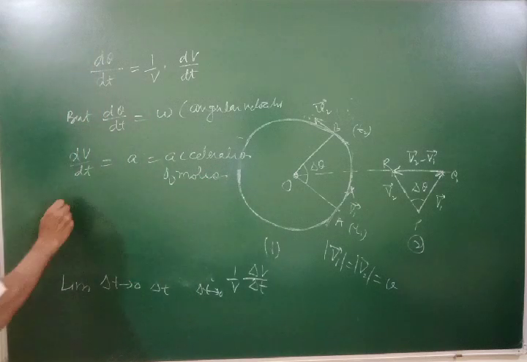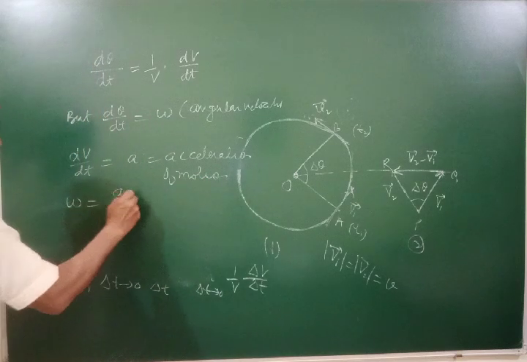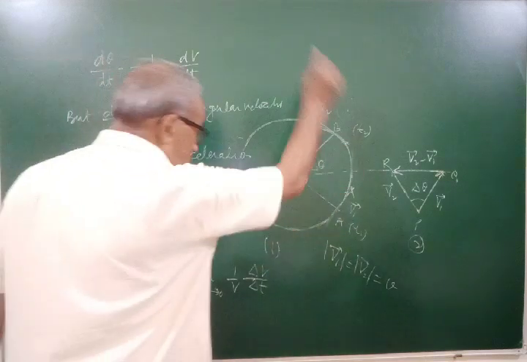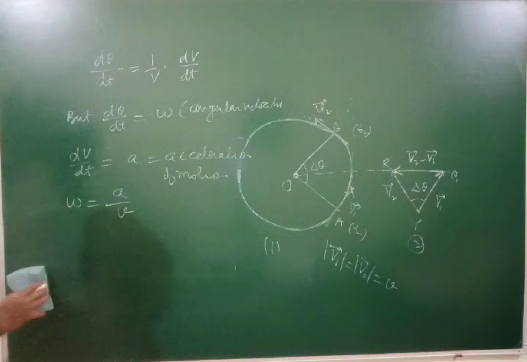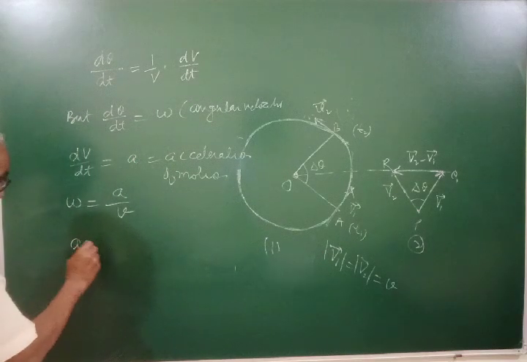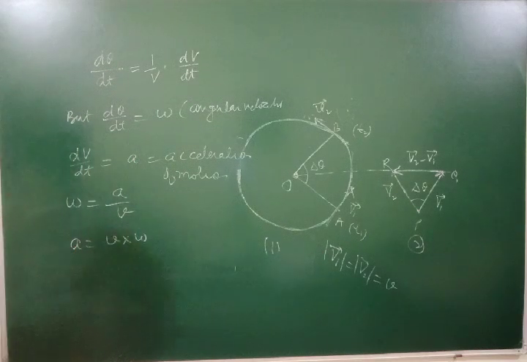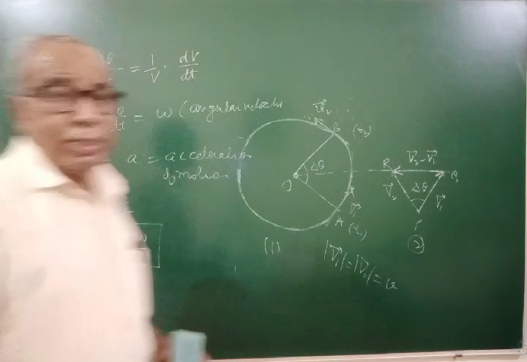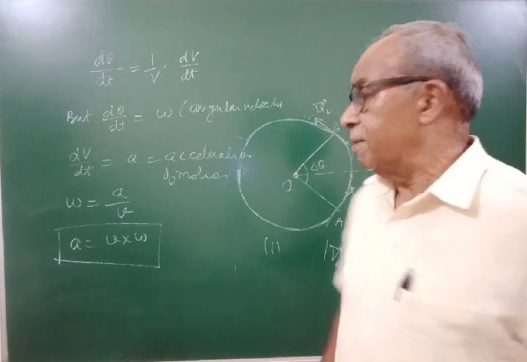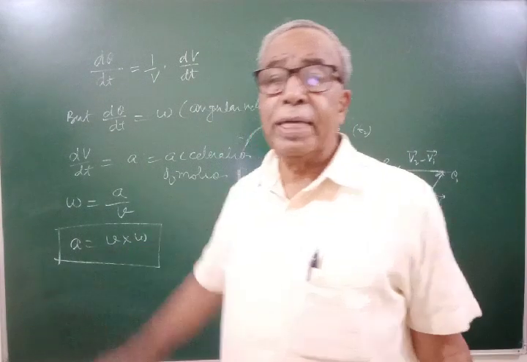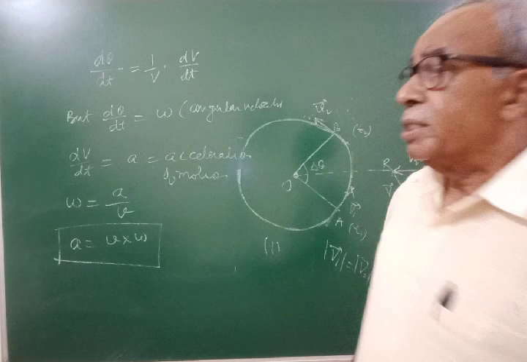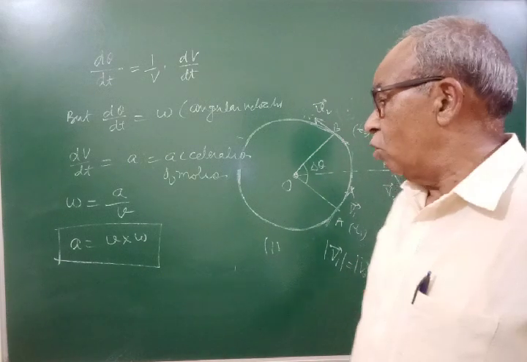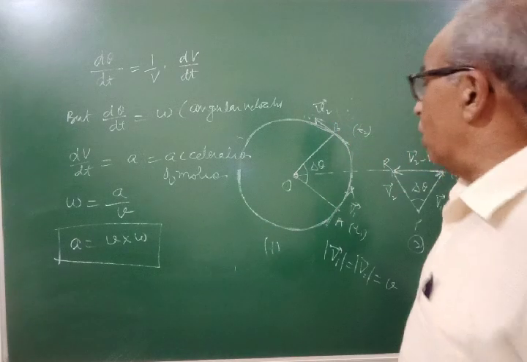So we can write omega equal to a upon v. What is v? The magnitude of linear velocity. Or a equal to v into omega. This is one relation. Here a represents the magnitude of centripetal acceleration, v represents the magnitude of linear velocity, and omega the magnitude of angular velocity.